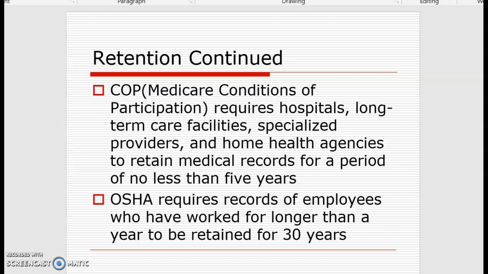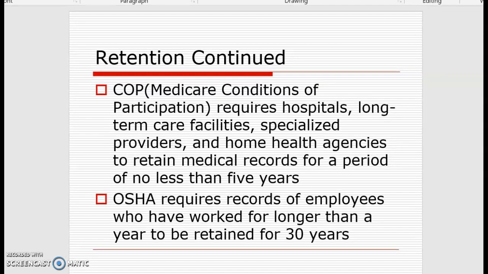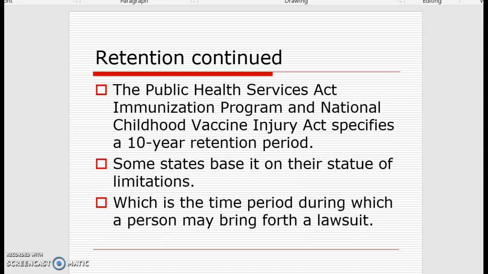And then OSHA requires records of employees who have worked for longer than a year to be retained for 30 years. Medicare doesn't have a policy or specify a retention period for ambulatory surgical services or any HMOs.